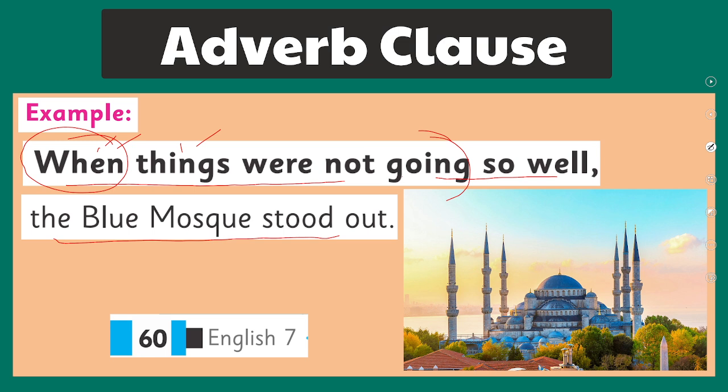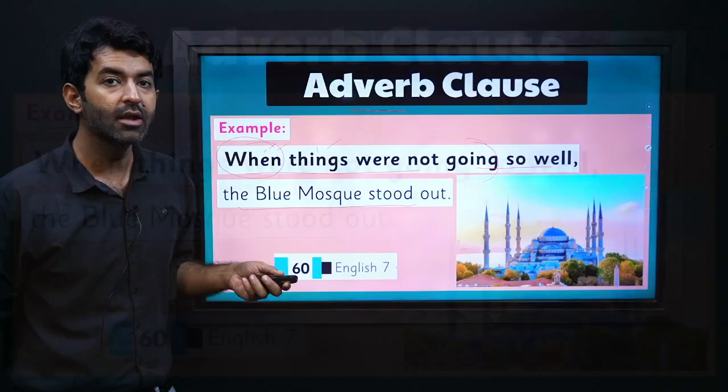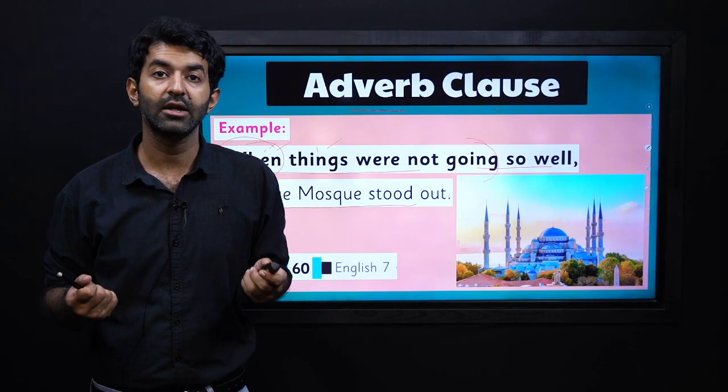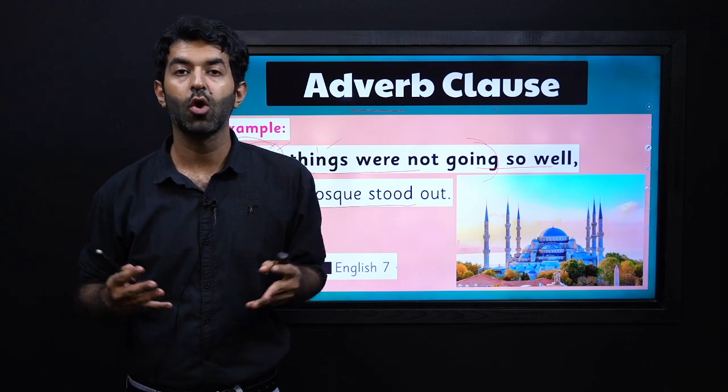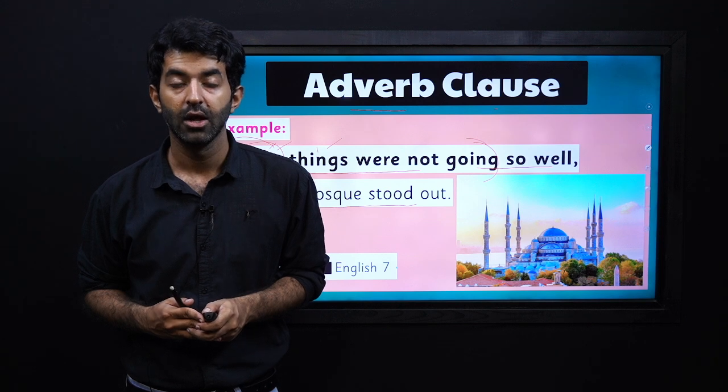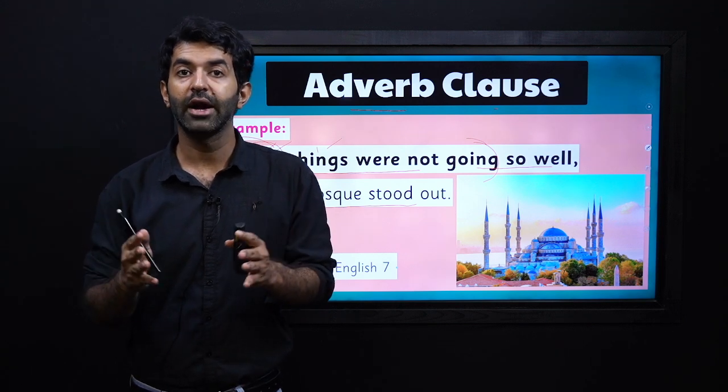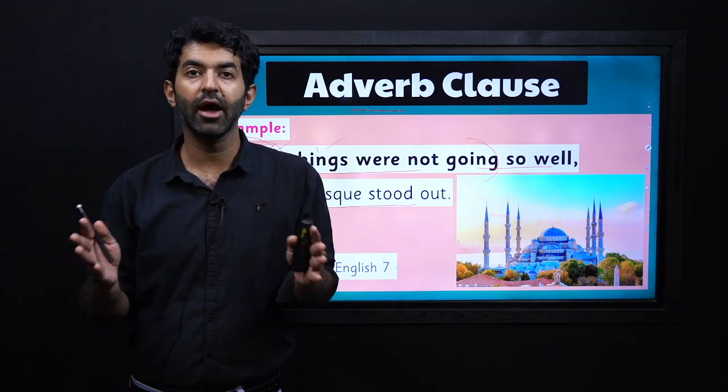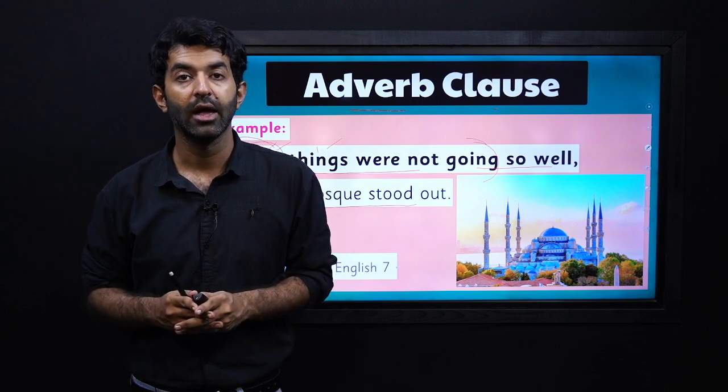This makes it complete sense, and then we will call it an adverb clause. So when things were not going so well is a clause and it contains a verb, hence we call it an adverb clause. Now students, I hope that now you can find any kind of adverb clause in any text.